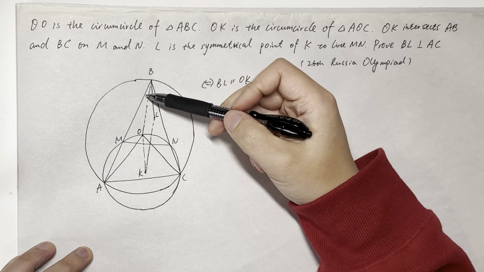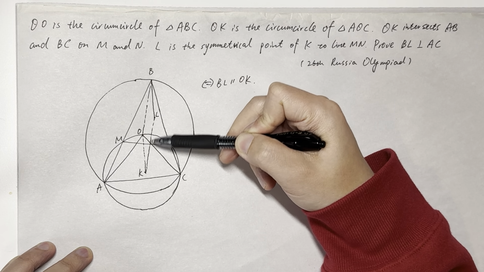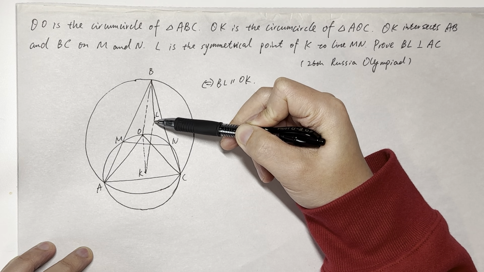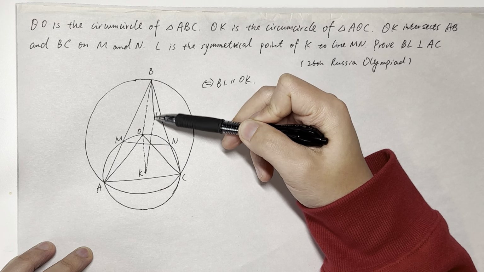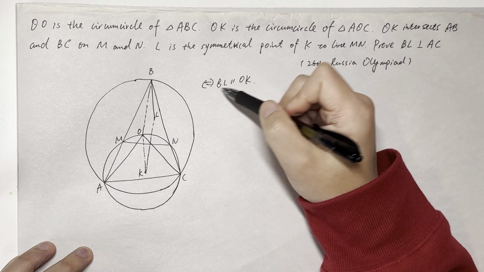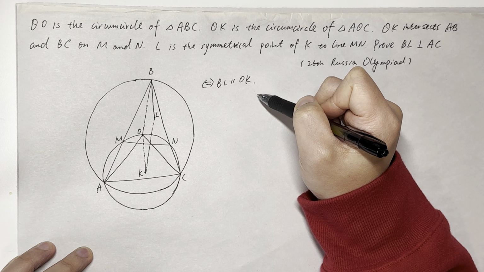For example, BO equals LK and OK equals BL. In that way, BLKO is a parallelogram, and we didn't use the condition that BL is parallel to OK.